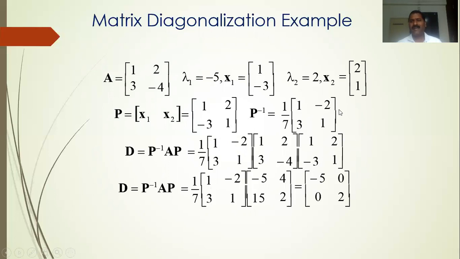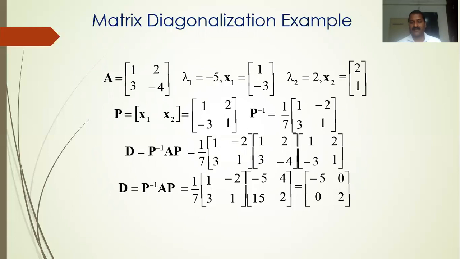You can use either MATLAB or hand calculations. P inverse is given by 1 by det P into adjoint of P. Then find the product of these three matrices, P inverse into A into P. If you find the product, you can see it will be a diagonal matrix, and the diagonal elements happen to be the eigenvalues.